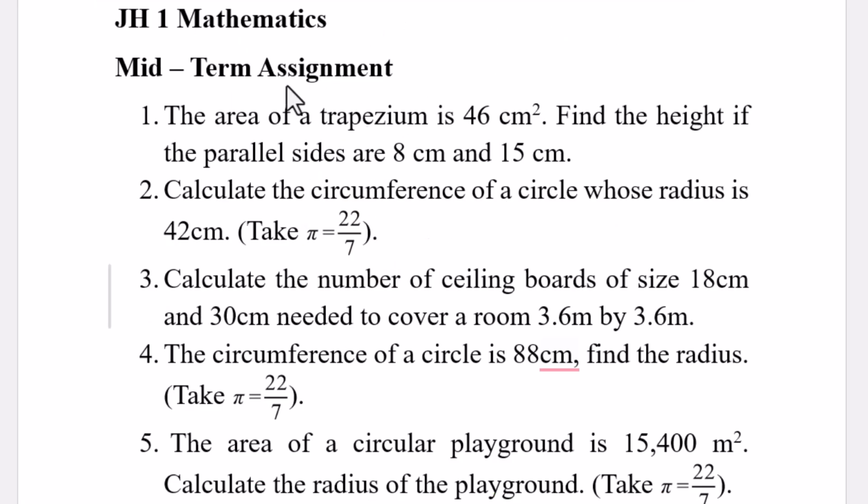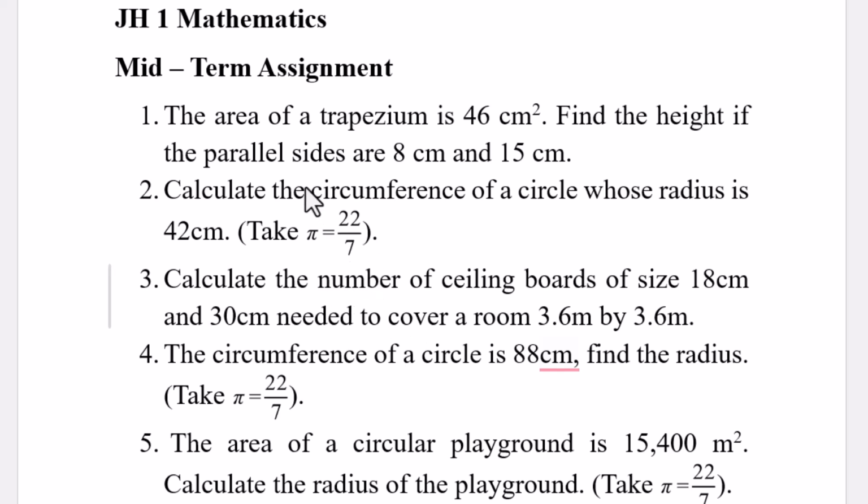I also want us to look at the holiday assignment, which is the midterm assignment. Most of us don't have this because we were not online throughout the midterm break. So you can copy it from the Google Classroom, where I've already put it as a midterm assignment. Go there, copy the question and do this work. Tomorrow is the deadline as well, just like the assignment I just showed.